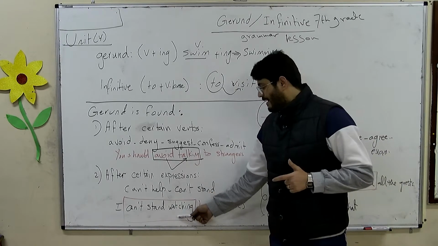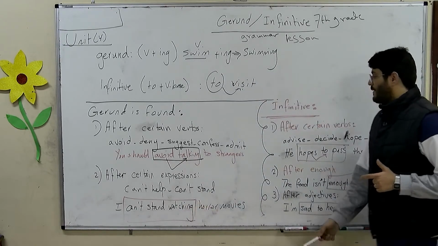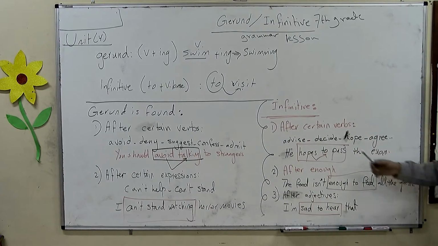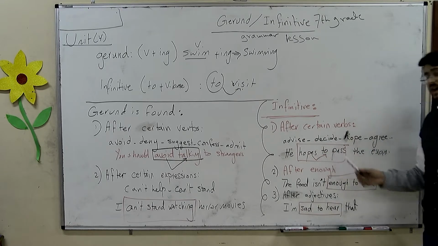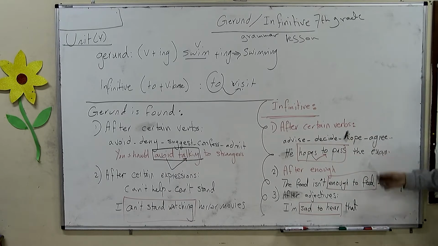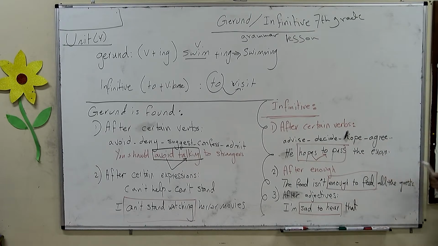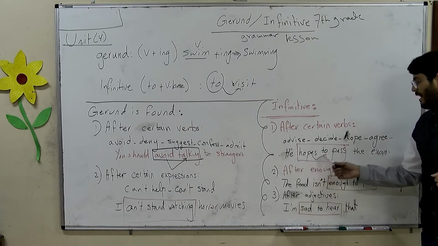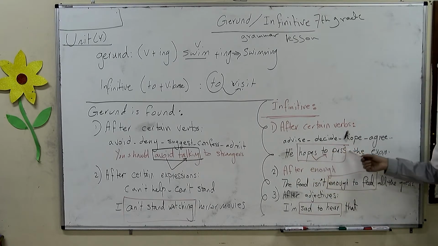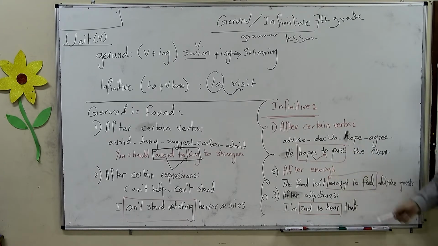Verb watch plus ing, and the word is watching. For the infinitive, after certain verbs, which are advise, decide, hope, and agree. Let's see the example. He hopes to pass the exam. The verb hope is followed by the infinitive, which is to plus the base form of the verb. After enough, the food isn't enough to feed all the guests.